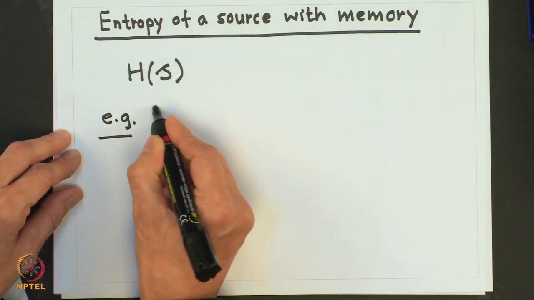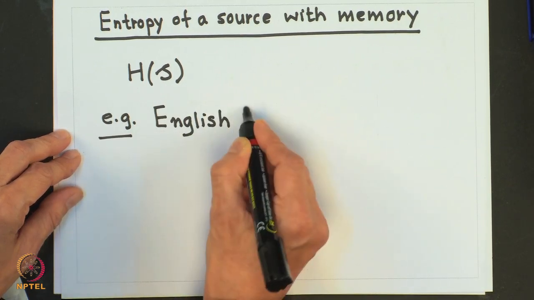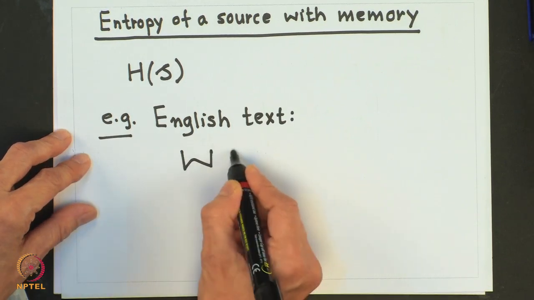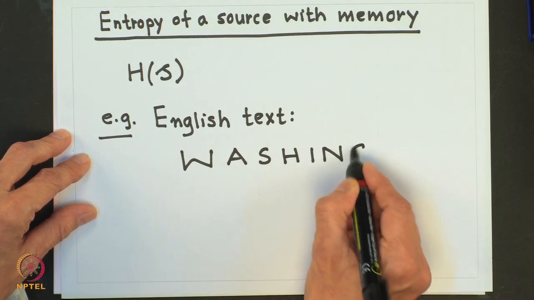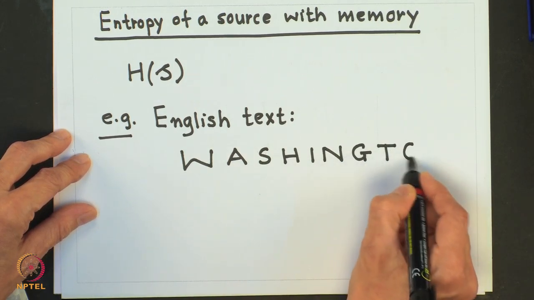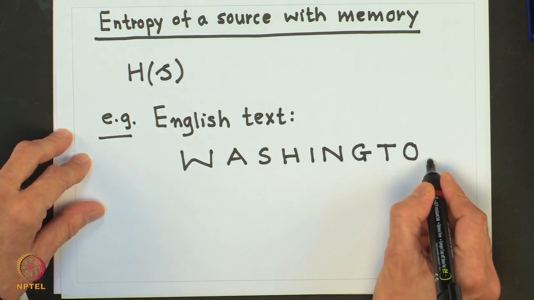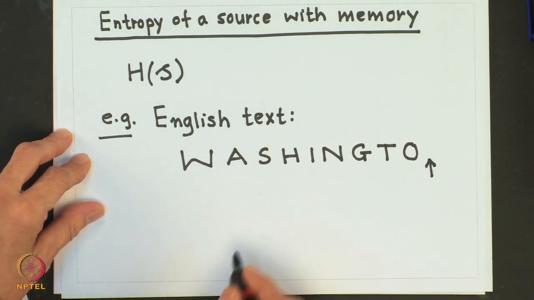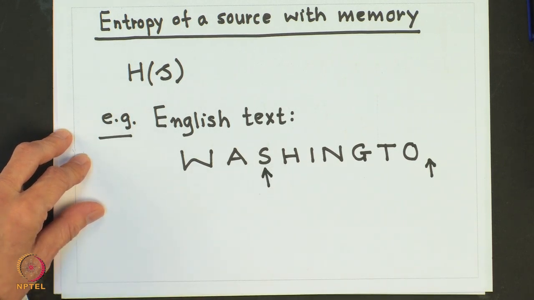Let me take an example of English text. And let us assume that the output was this. Now, the amount of uncertainty which I have at this position is obviously less than the amount of uncertainty which I have at this position, correct.